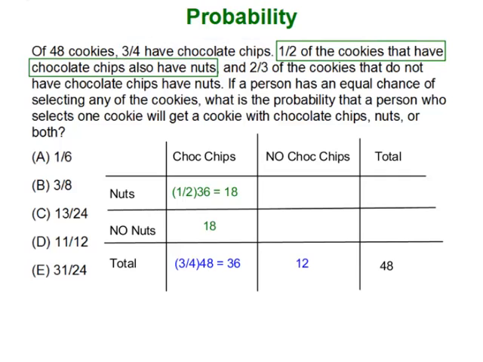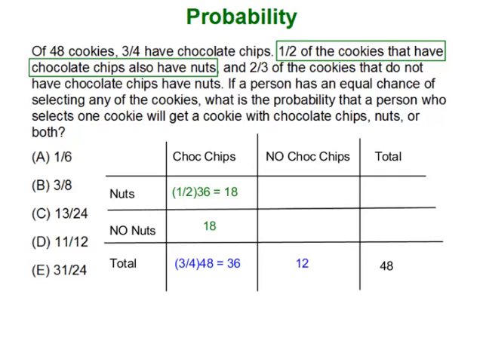Next piece of information: half of the cookies that have chocolate chips also have nuts. Very important to note the language. When you're taking a fraction of something, pay special attention to what follows the "of." That's what you're going to take the fraction out of. Don't go on autopilot and just take a fraction of the total again. Half of 48 would be a mistake.